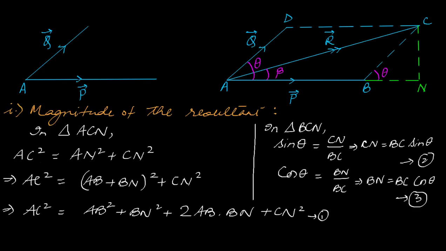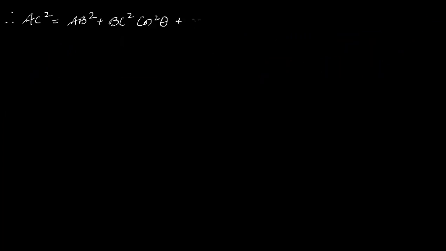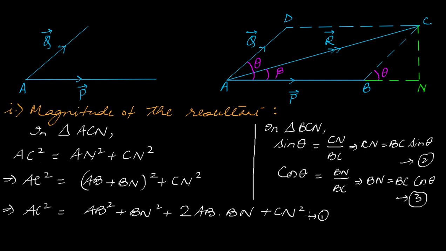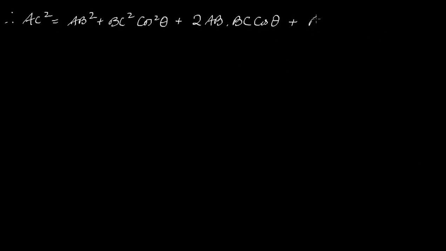Plus 2 AB BN, and BN again is BC cos theta, so plus 2 AB BC cos theta, plus CN is BC sine theta, so BC square sine square theta.